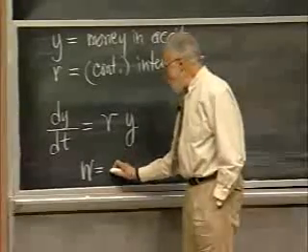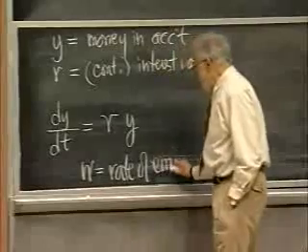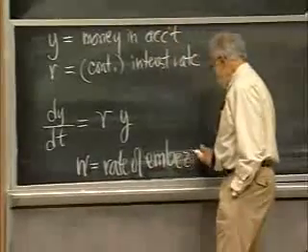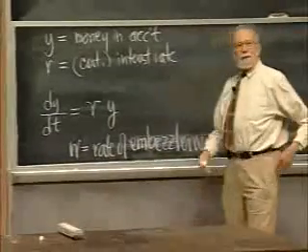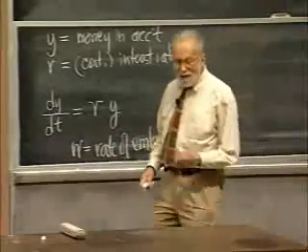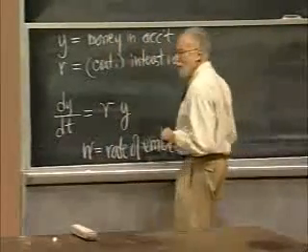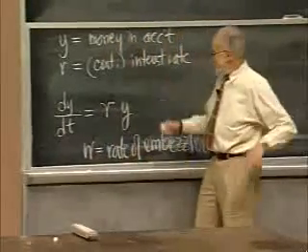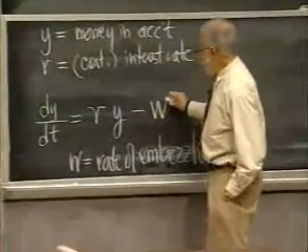W is the rate of embezzlement, thought of as continuous. So every day a little bit of money is sneaked out of your account because you're not paying any attention to it. You're off skiing somewhere and not noticing what's happening to your bank account.